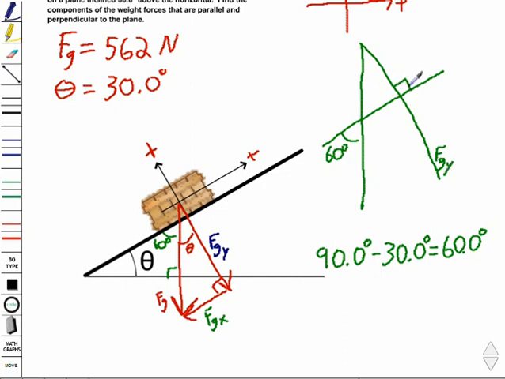So it's perpendicular right here. We've got 60 here. We've got two lines that intersect each other, so that makes this angle also 60 degrees. So we've got 60 degrees here, 90 degrees here. That means this has to be 30 degrees.